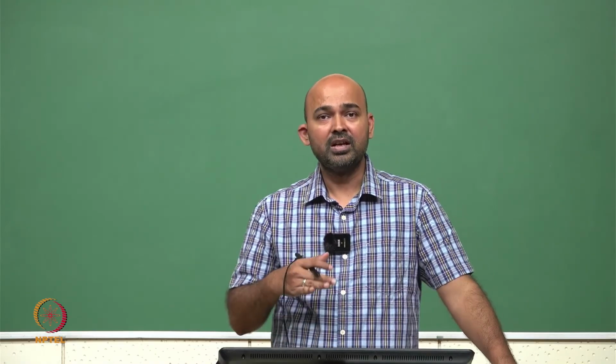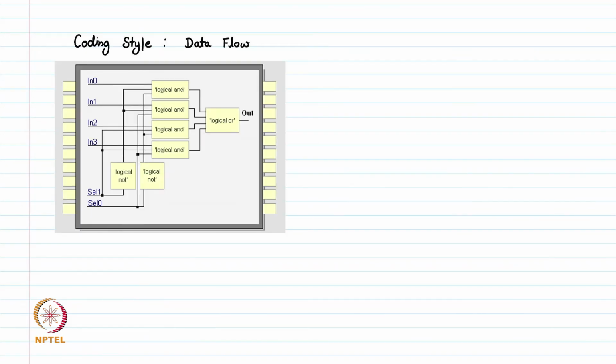Let us go to the second one, which is a data flow type of coding style. In this type of coding style, we have the system definition, we have input pins and the output pins, and the input and output are connected through logical operations, where for example we have written logical AND.